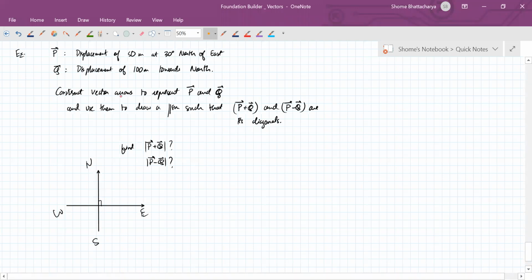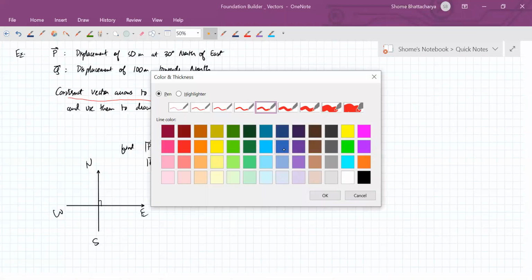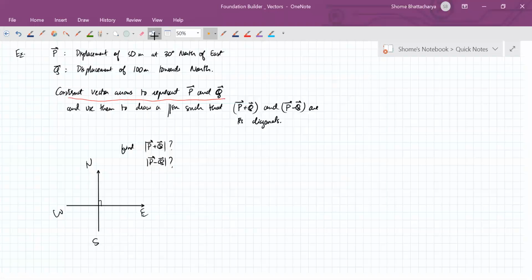Okay, so next thing I want to do is I want to construct vector arrows to represent P and Q. So how will my P look in this? P will look like a vector which is pointing 30 degrees north of east. So from east it is going towards north. So it should be like this.